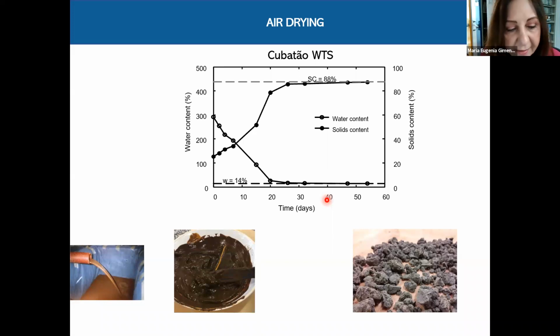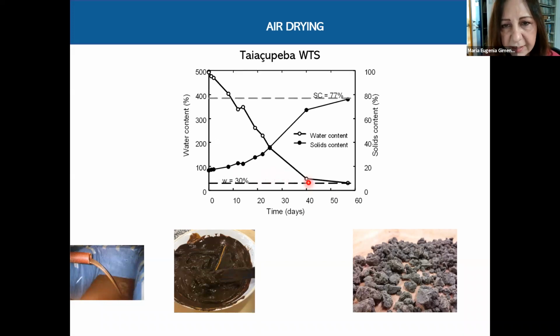It took 20 days for Cubatão WTS to reach the residual water content of 14%, as you see here. And for Itaiaçupeba, it was more than 40 days to reach the residual water content of 30%. So just imagine that in a big water treatment plant, this means a large space necessary for the drying operation.